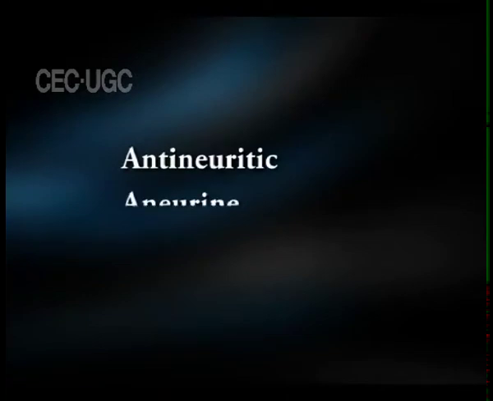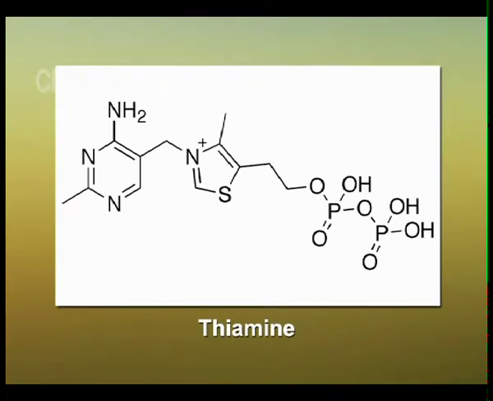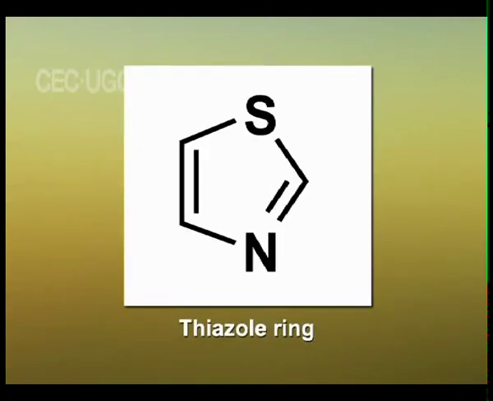Number 1, thiamine or vitamin B1, also known as antidiuretic, antiurine or heat labile factor. Thiamine contains a pyrimidine ring and a thiazole ring held by a methylene bridge. Thiamine is the only natural cyclobutane pyrimidine dimer CPD with thiazole ring.